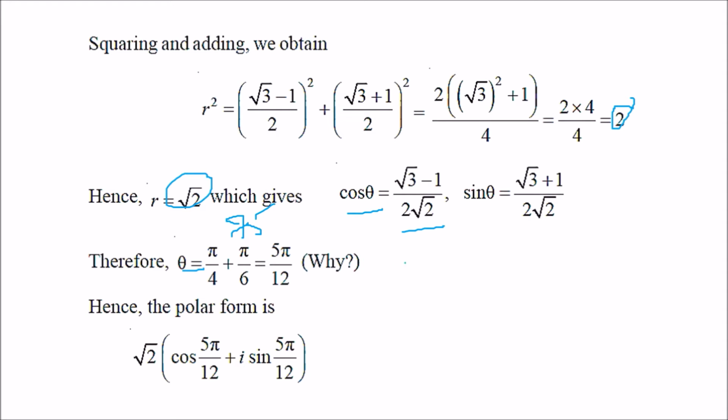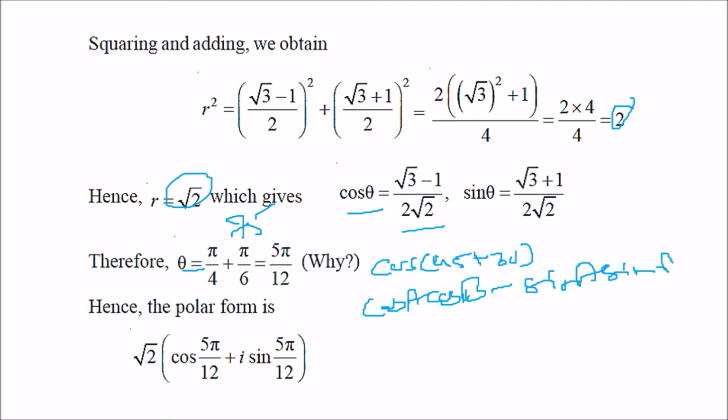Let me give you an example: cos 75 degrees can be written as cos of 45 plus 30. So this is cos A cos B minus sin A sin B. What is cos A?